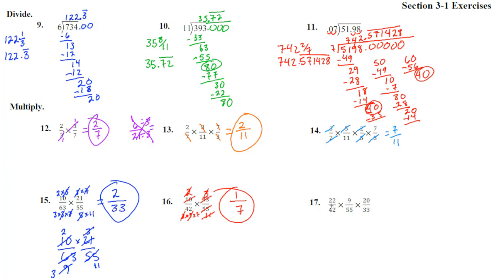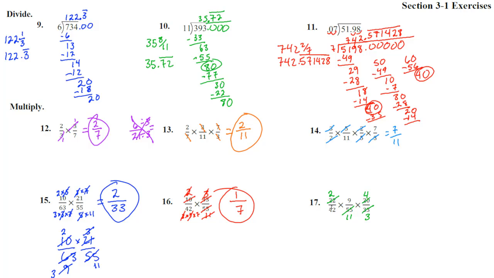Let me see. 22 and 33. So 22 and 33, they both have an 11 in them. That was kind of nice. Let me see. 55 and 20 both have a 5 in them. So we divide out the 5.